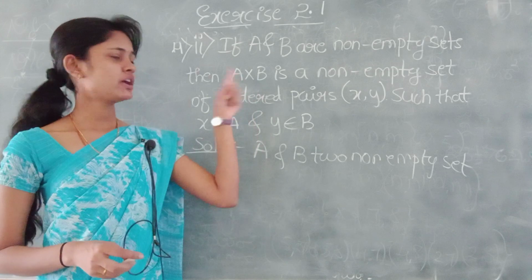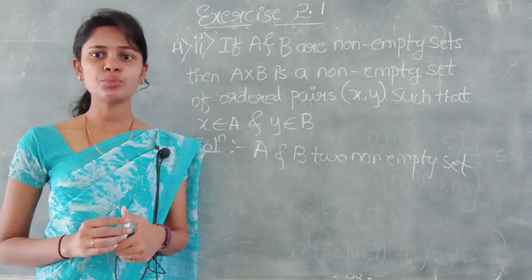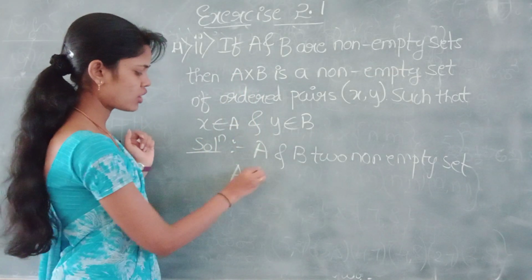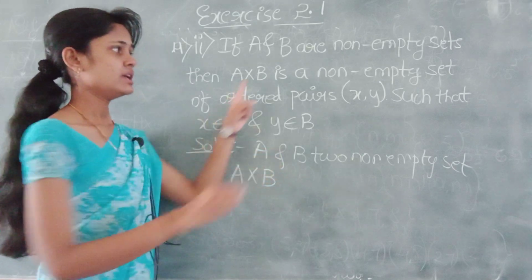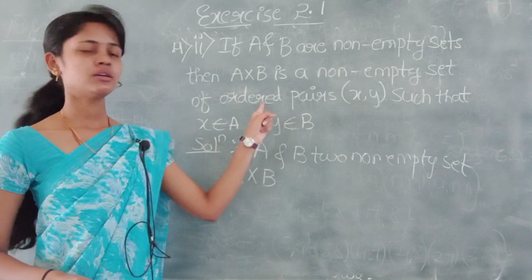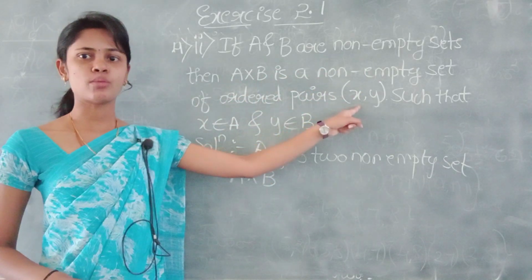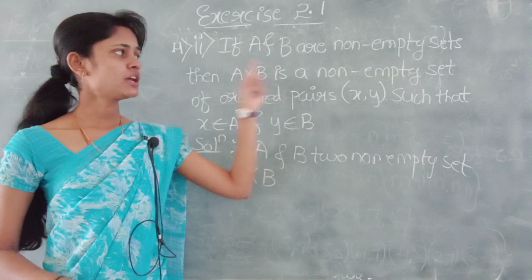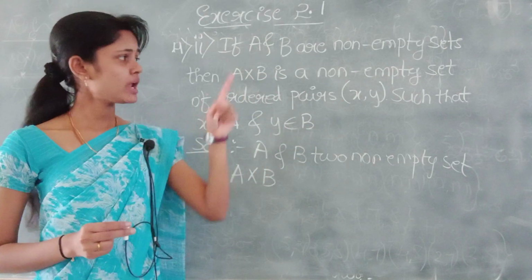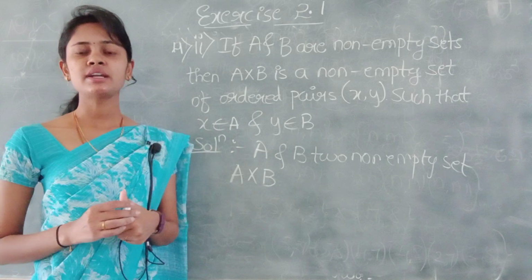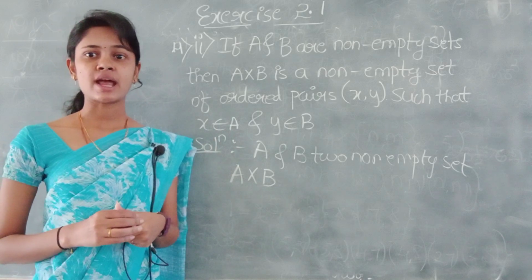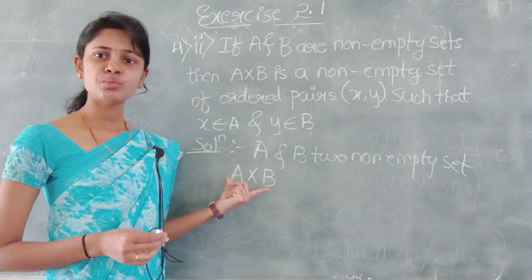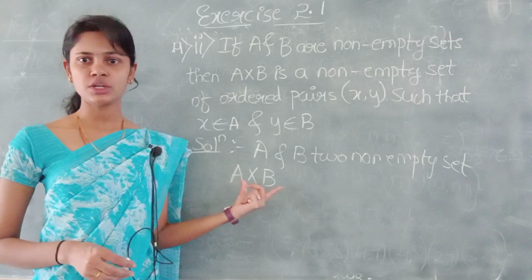You know that A cross B is the Cartesian product, right? So A cross B is the non-empty set of ordered pairs x, y. So here A cross B is the ordered non-empty set and it is containing ordered pairs x and y. So A cross B is the Cartesian product, you know that.